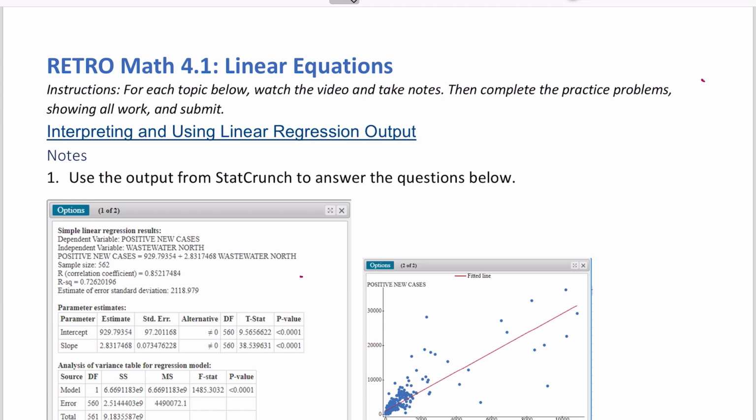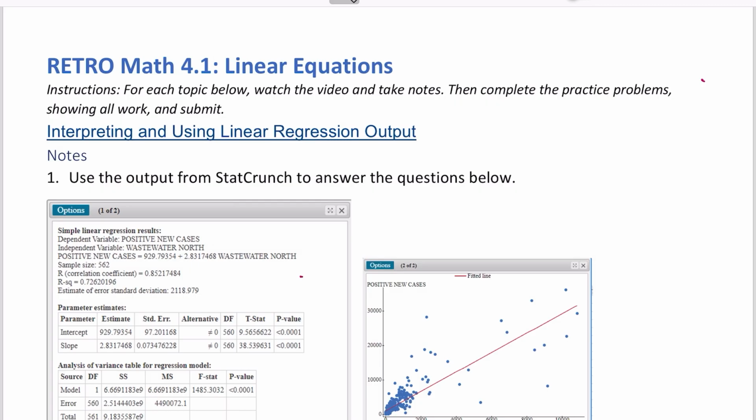So let's take a look at this first problem here. In this problem, there were wastewater measurements taken of COVID infections in the wastewater. They're in a city, and it says wastewater north, and I just assumed that was a northern repository of it.